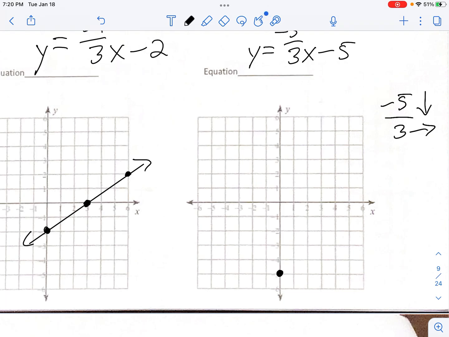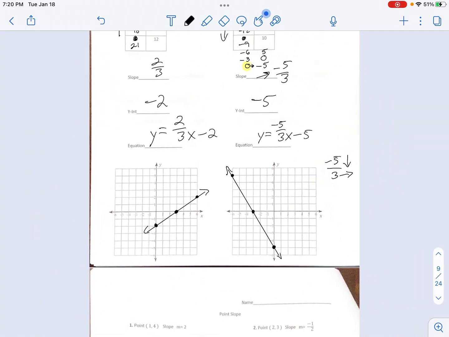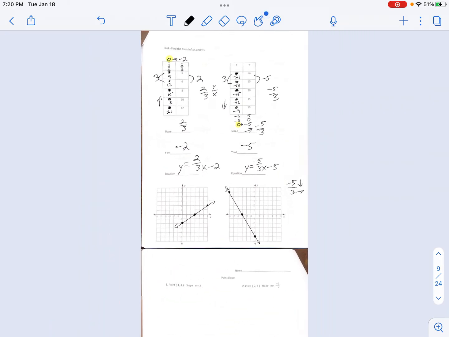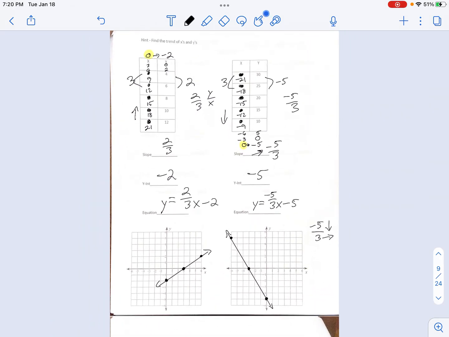And then left 3. And then one more time. Up 1, 2, 3, 4, 5, and then left 3. Right on the edge. There's our 3 dots. Now we draw our line. That is writing an equation and graphing it from a table.